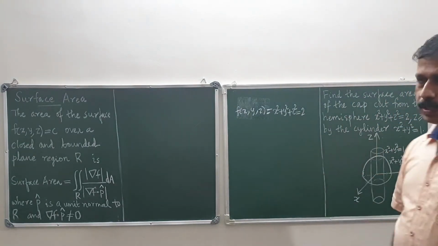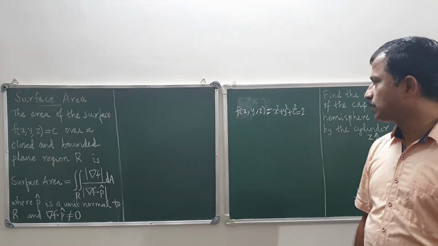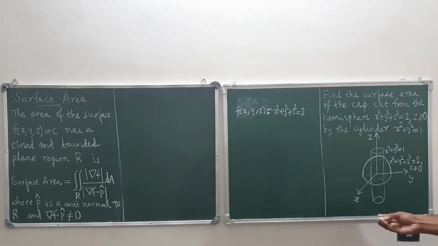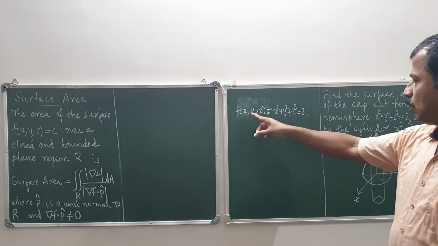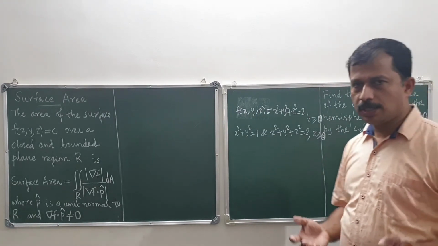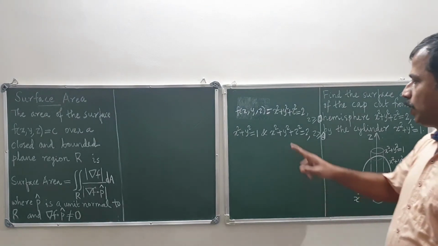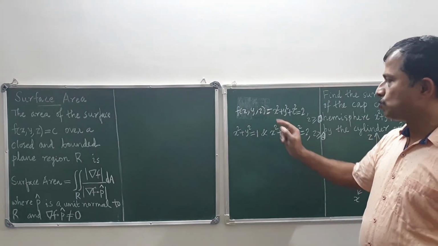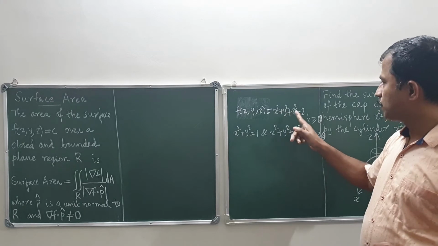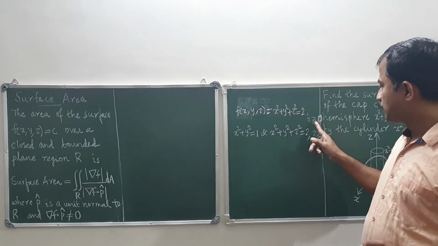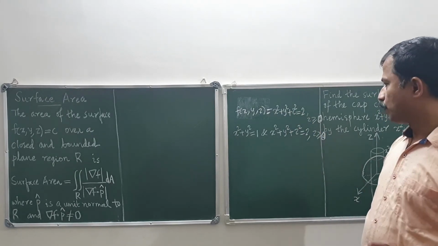They all represent the same surface. And here we have z greater than or equal to 0 also. The function that represents the given upper hemisphere is f of x, y, z is equal to x square plus y square plus z square is equal to 2, where z is greater than or equal to 0.